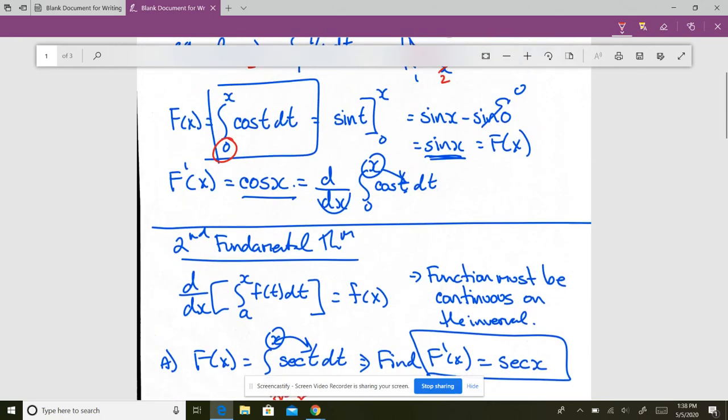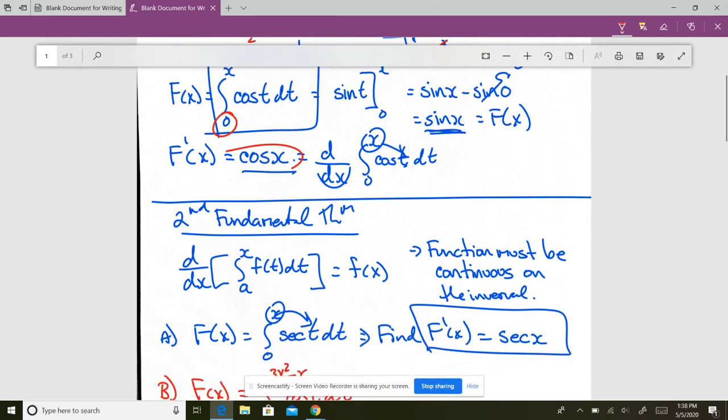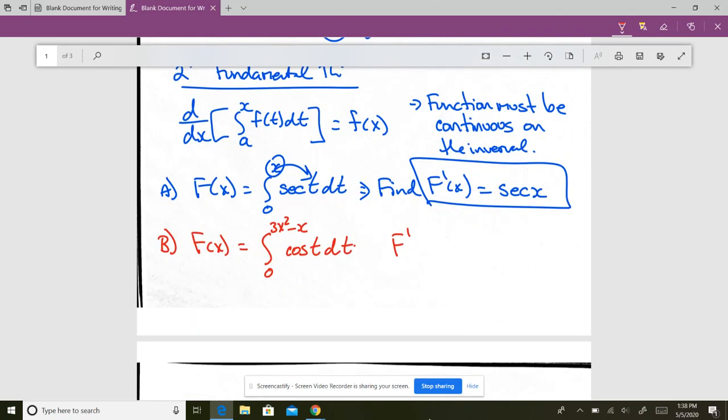When we did the derivative of f of x, we just got cosine of x. So f prime would be cos of whatever x is. But here we're actually doing f prime of 3x squared minus x. So in this blob here, you have to have 3x squared minus x. But the chain rule says you do the derivative of the outside function, which is the whole thing, times the derivative of the inside function. So you have to multiply by 6x minus 1.